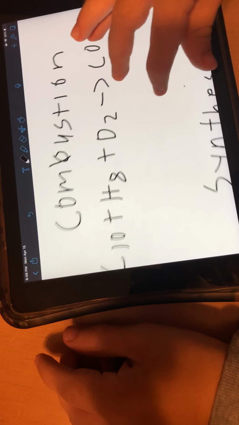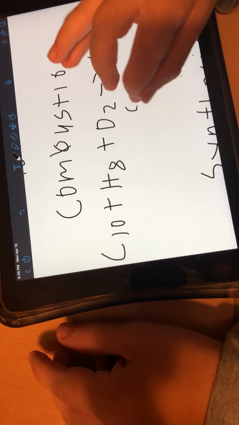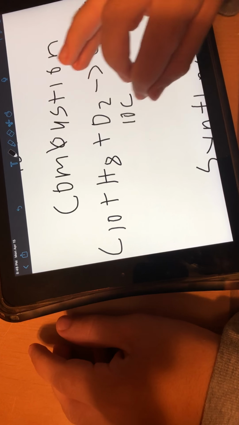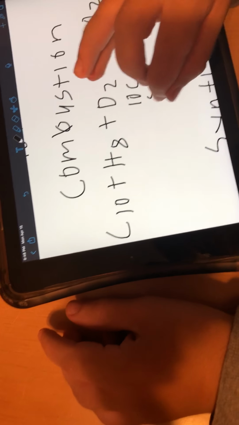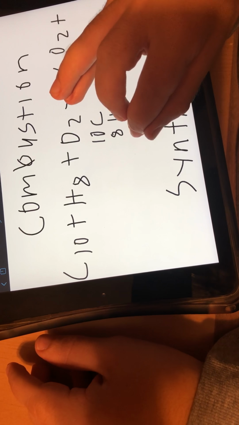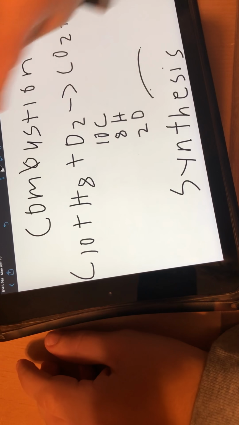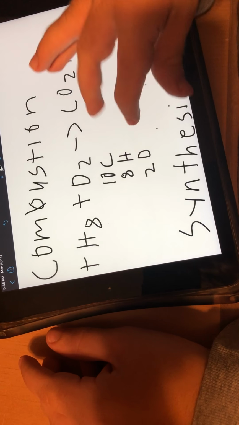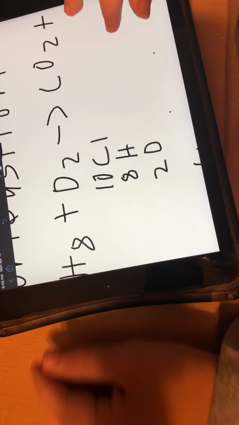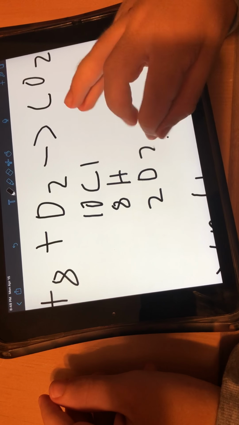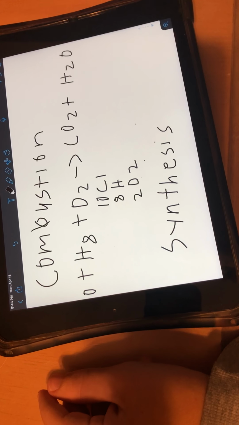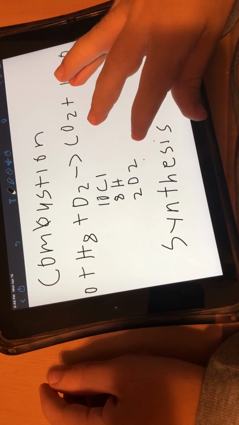So now, see if it's balanced. You have C10, H8, and O2. Now, on the product side, we have one C, two O's, and two hydrogens.